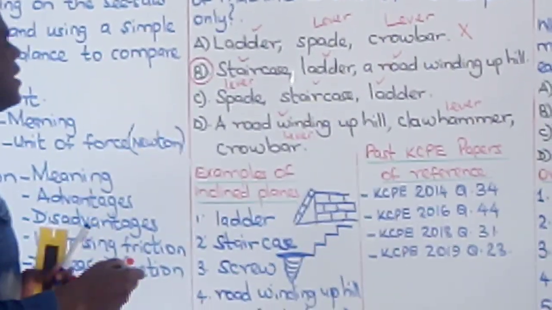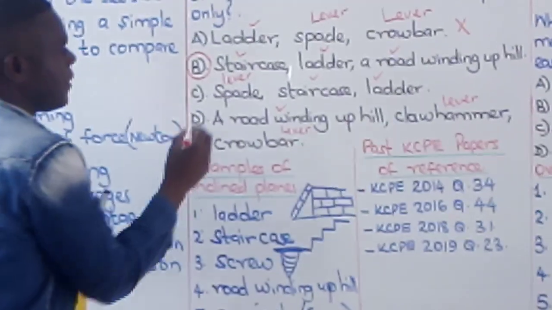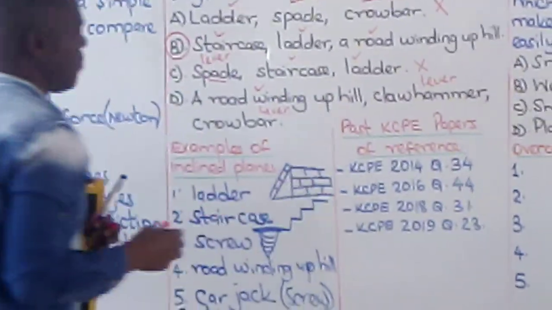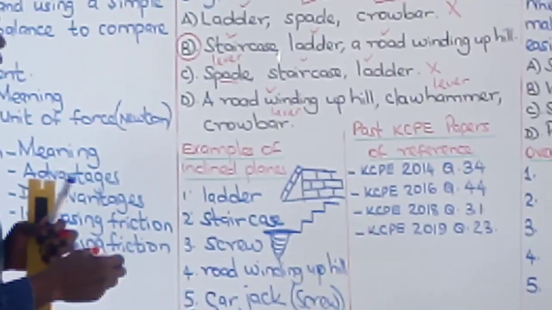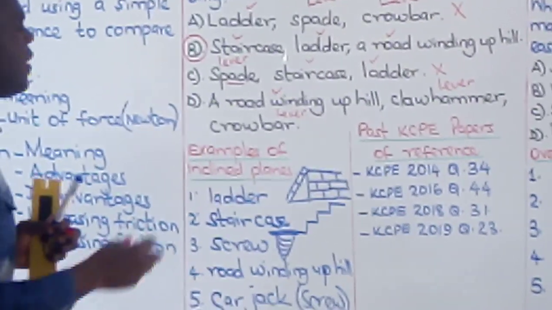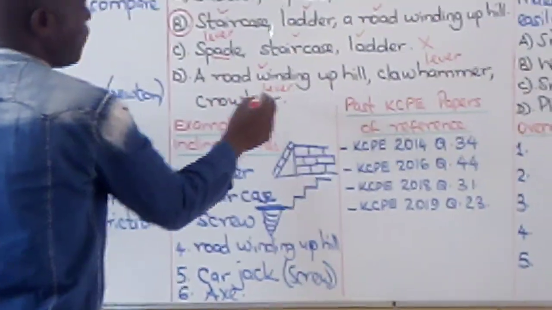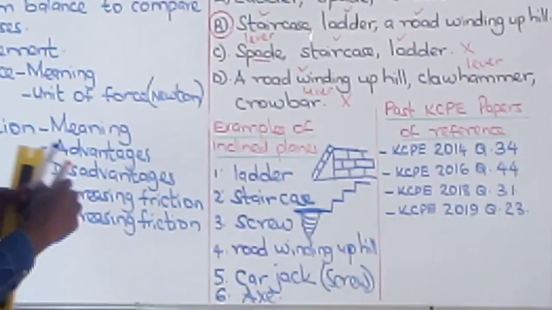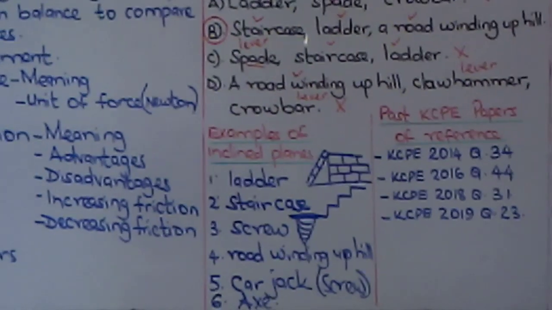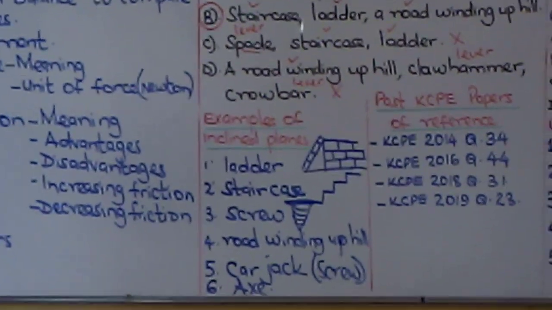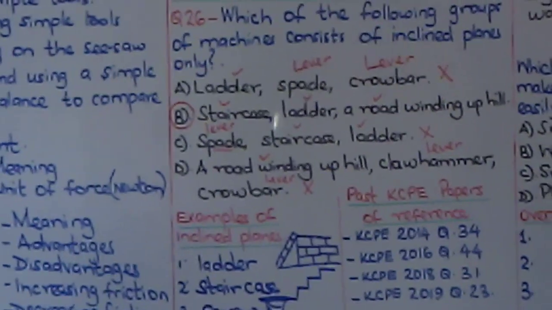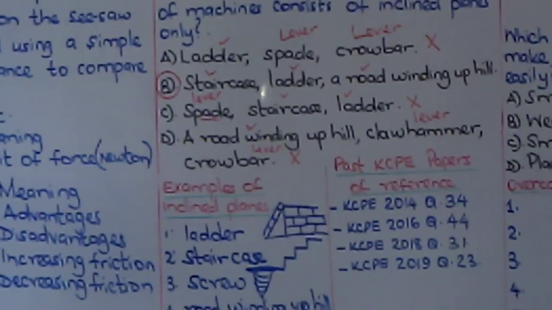In choice C, the spade makes the choice wrong because it's a lever. In choice D, the claw hammer and the crowbar make the choice wrong. And so we are left with one answer standing out. Choice B, staircase, ladder, and a road winding up a hill.